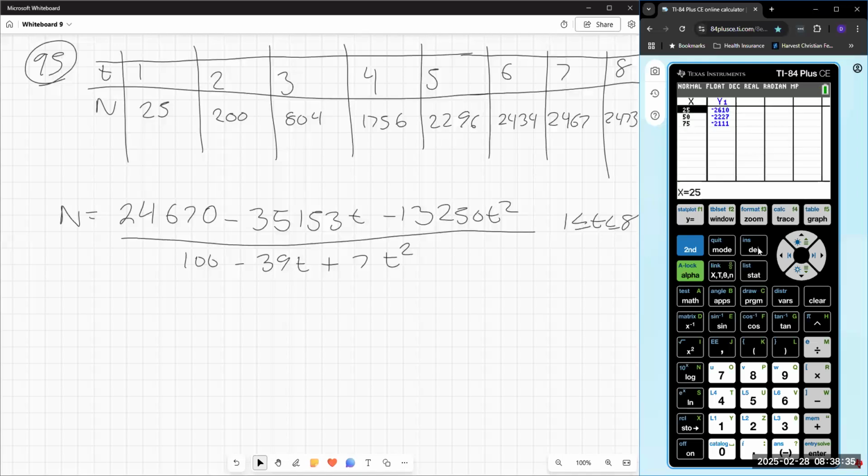Let's just look at my numbers here. If I put in 1, do I get 20? No, I typed in something wrong. So 24670 minus 35153x minus 13250x squared divided by 100 minus 39x plus 7x squared certainly is what it looks like they said in the book.